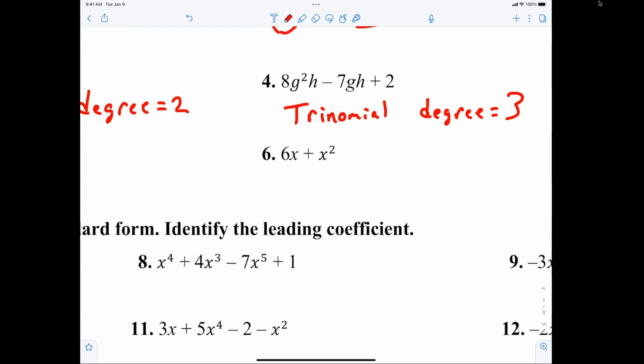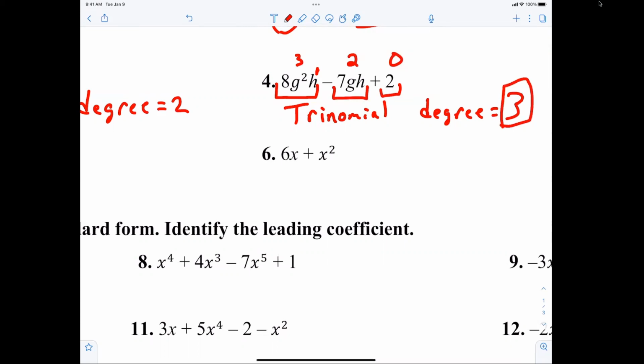Now, individual monomials. The first term has a degree of 3, because this is to the first power. The second term has a degree of 2. Therefore, the degree is 3.